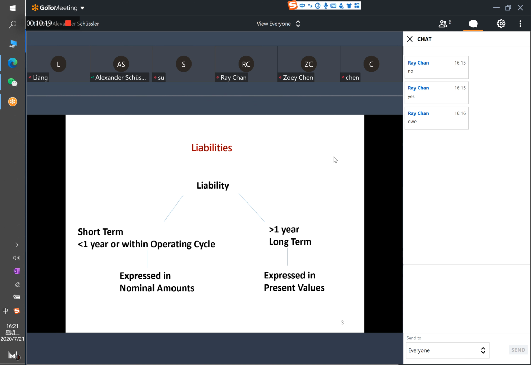So this is the operating cycle. And those liabilities are categorized as short-term liabilities. And the short-term liabilities are expressed in nominal amounts. What does nominal amounts mean? Do you have an idea?